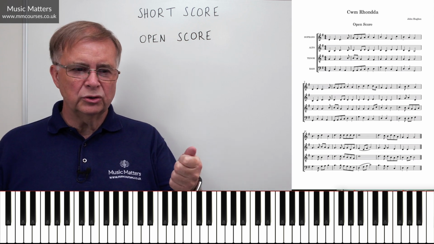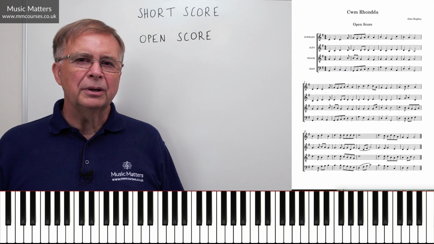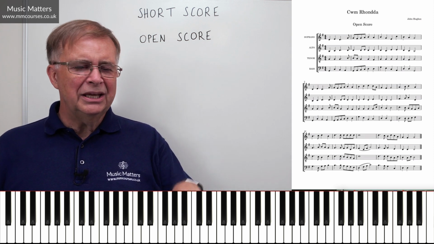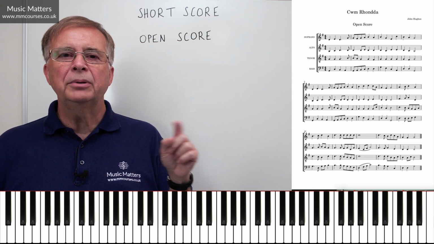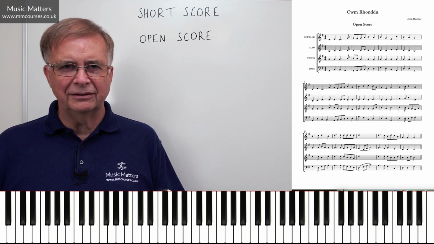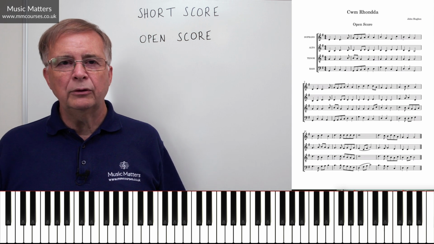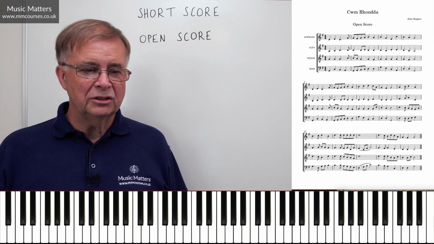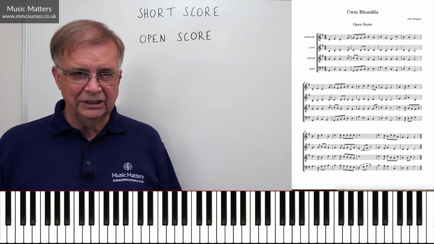Because when we're in short score, remember the tenor part was written in the bass clef, wasn't it? But when we go into open score, the tenor part is written in the treble clef. Now this may seem a very strange state of affairs, but nevertheless, this is the convention that we've followed for years.